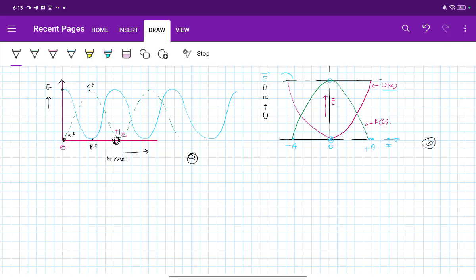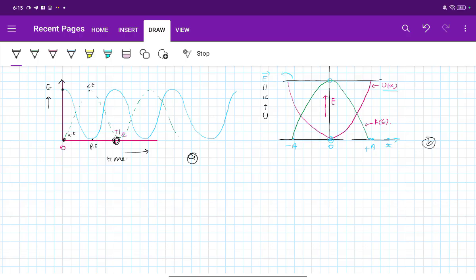Both potential and kinetic energy in SHM are seen to be always positive. Kinetic energy can never be negative, because it is half mv². Mass can never be negative, and v², the square of velocity, will become positive after all. And potential energy is positive by choice of the undetermined constant in potential energy.